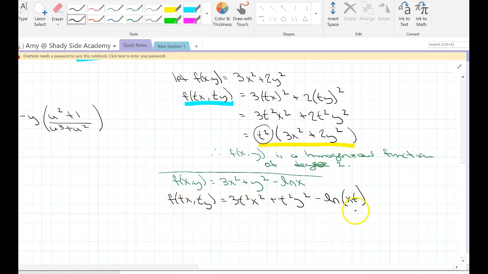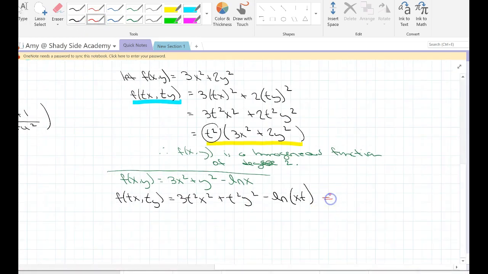Here's f of tx comma ty, and you'll notice there is no way I could factor out any power of t, let's call it t to the alpha, where I'd be left with just f of x,y. So the fact that I cannot factor out any power of t and leave myself with f of x,y as a factor means that f of x,y is not a homogeneous function.